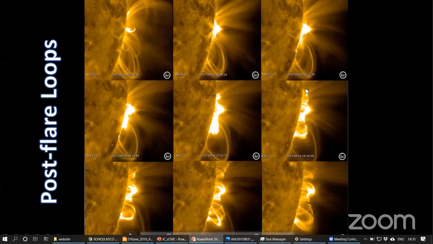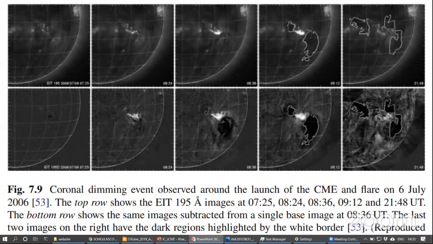The next signature, okay, this same event, if you just see the step-by-step snapshot in the time series, you can see that after the flare has taken place, these new loops have formed, which last for several minutes to a few hours. And another interesting feature which one can observe during CME eruption is called coronal dimming.